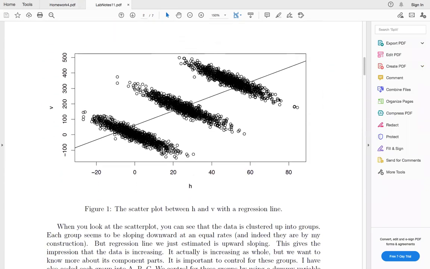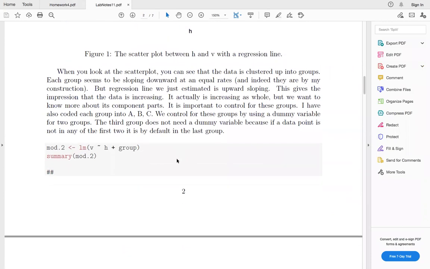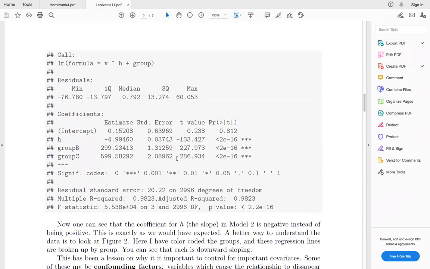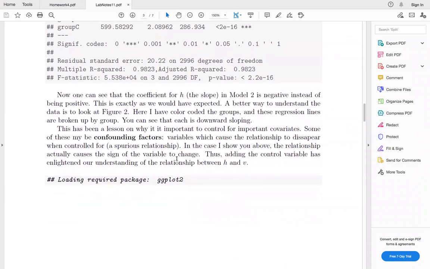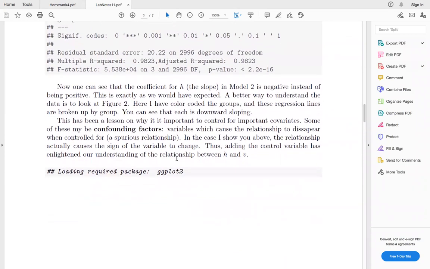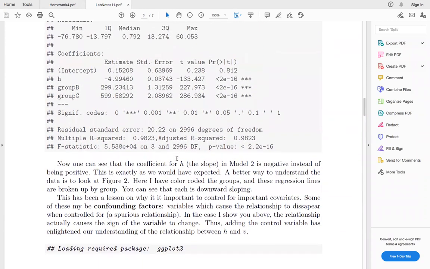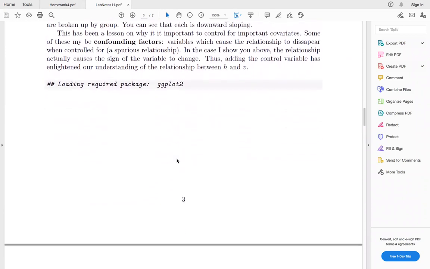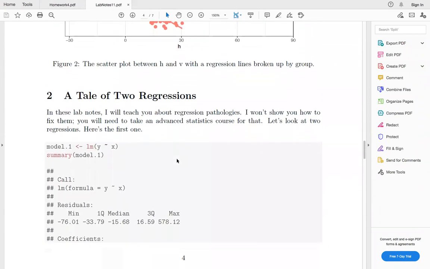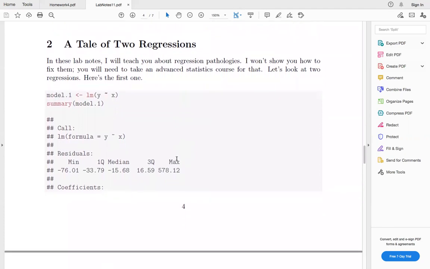Okay. So there was the first one. That was how you control for it. Model 2, instead of being positive, is exactly what you expected. Better way to understand the data. Okay. Tale of 2 regressions.